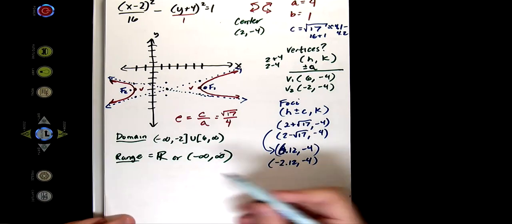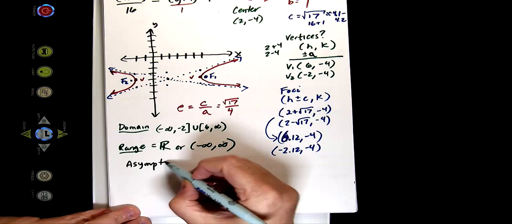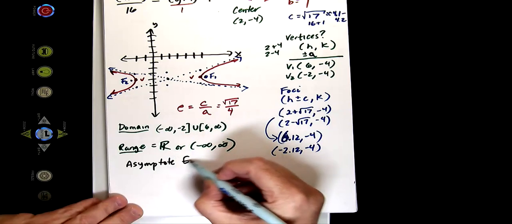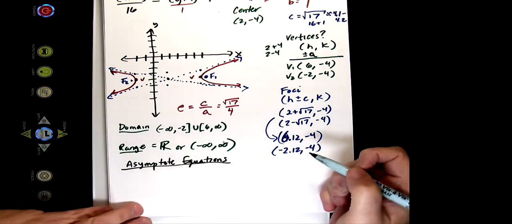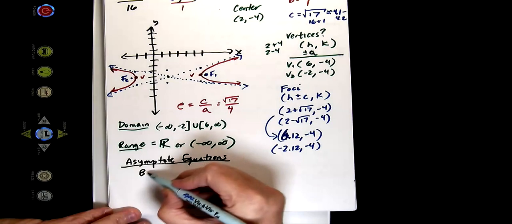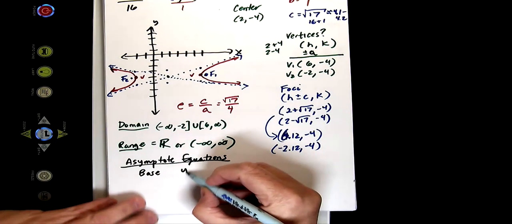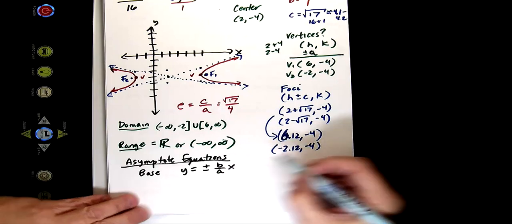If we wanted the asymptote equations, I have notes here of what it is when it's shifted. I didn't want to speculate earlier and I didn't remember because this is something I don't do that often. The base situation is y equals plus or minus b over a times x.